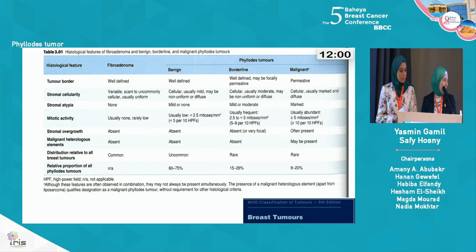As mentioned below the table, although these features are often observed in combination, they may not always be present simultaneously. So it is a kind of qualitative diagnosis. You sum up all of these features together to get the best diagnosis. And presence of malignant heterologous elements alone can qualify the case as being malignant Phyllodes tumor, apart from liposarcoma, which we will show later.